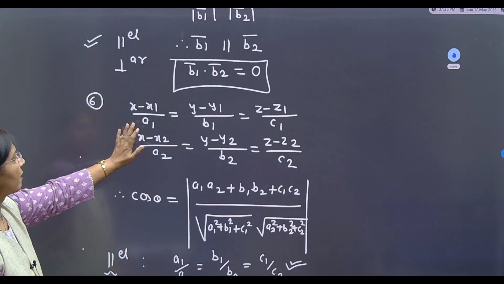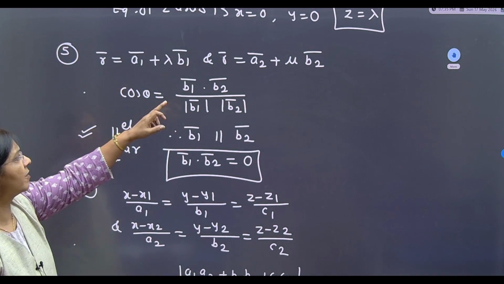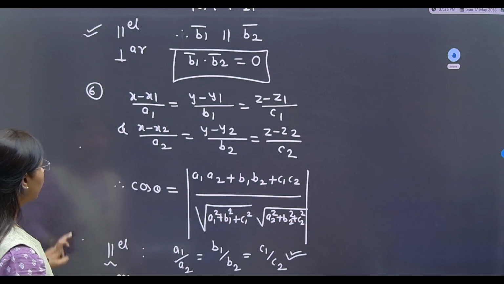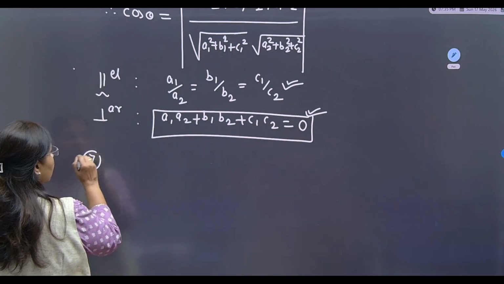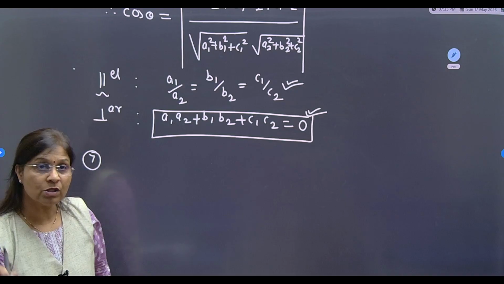If Cartesian equations are given, then use these conditions, and if vector equations of two lines are given, then use the earlier formulae. Then next part, number 7. Suppose in place of direction ratios, direction cosines are given.